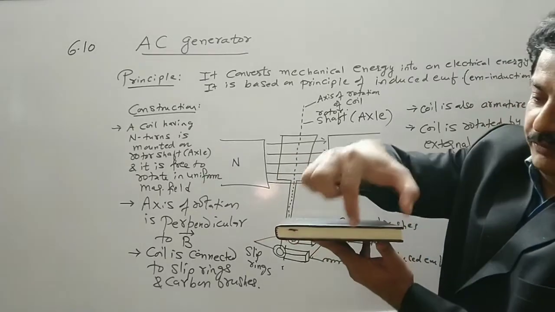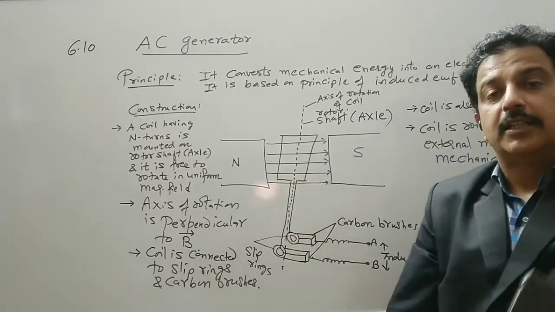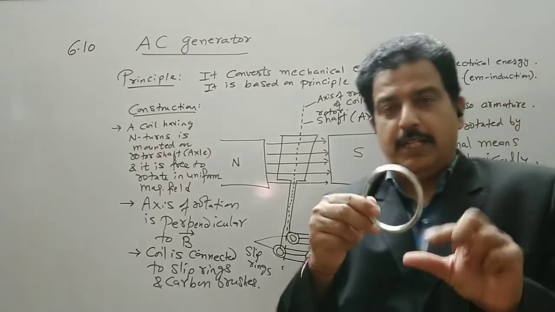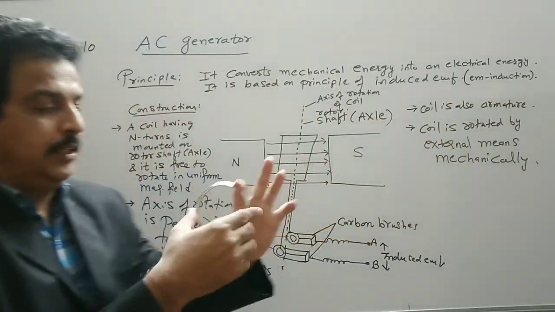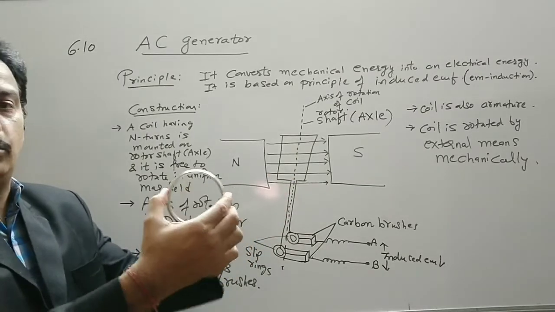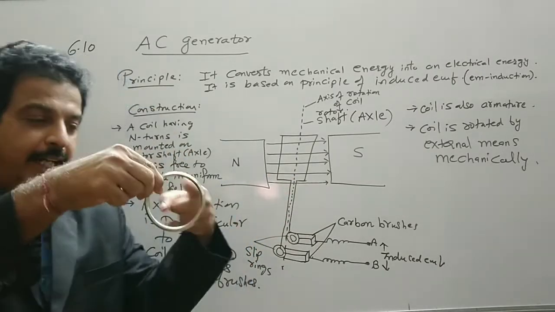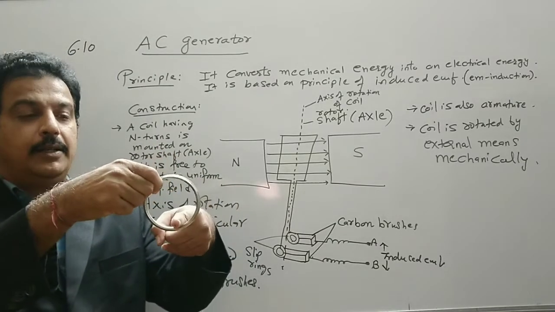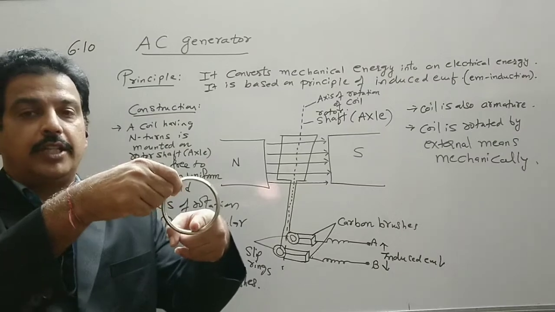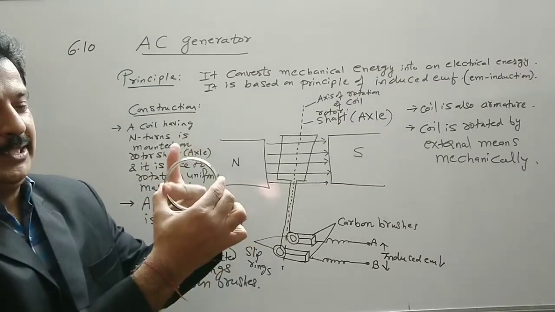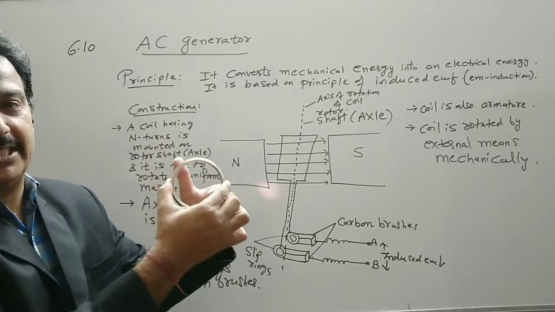These two ends of the coil are connected with the slip rings, which is similar to this ring. So this wire, one end of the coil, when it comes out, it just touches the slip ring. It is not connected, it just touches the ring, because when the coil will rotate, this end will also rotate like this.